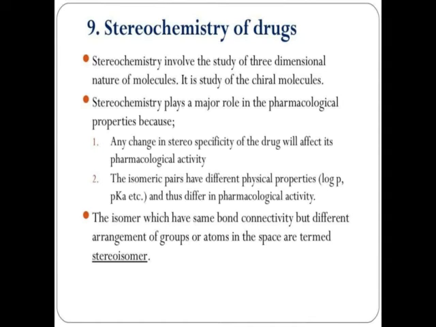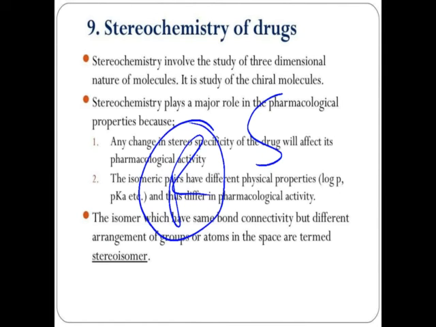Suppose there are two isomers, one is the R isomer, another one is the S isomer. The R isomer can show the activity, the S will not show the activity. So if we know which isomer is showing the activity, we can select that isomer and convert it into the form of a drug so that we can give that drug.